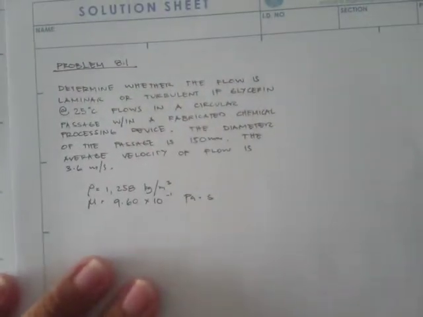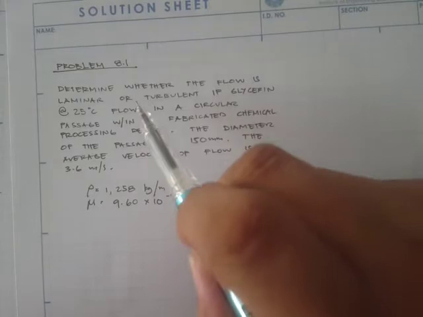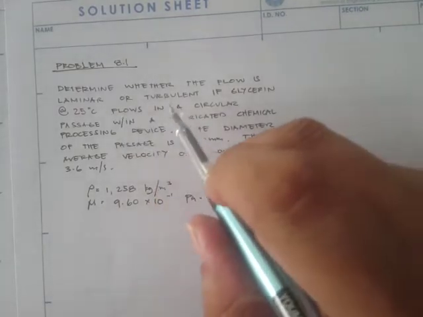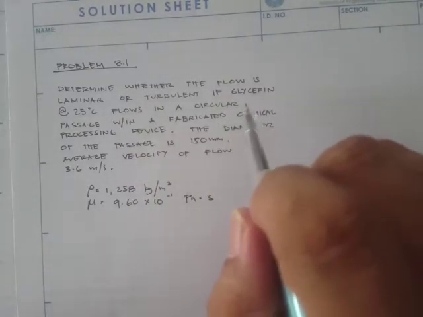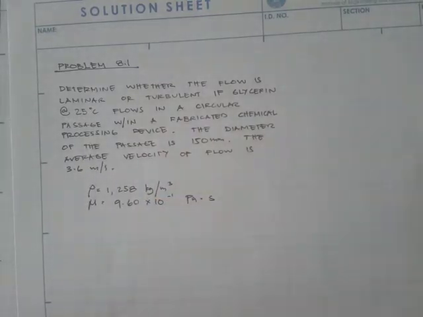For problem number 1, it says here: determine whether the flow is laminar or turbulent if glycerine at 25 degrees C flows in a circular passage within a fabricated chemical processing device. The diameter of the passage is 150 mm. The average velocity of flow is 3.6 meters per second.